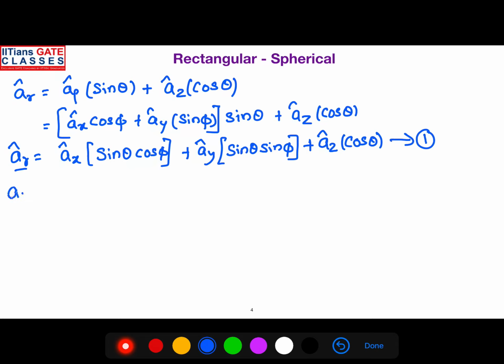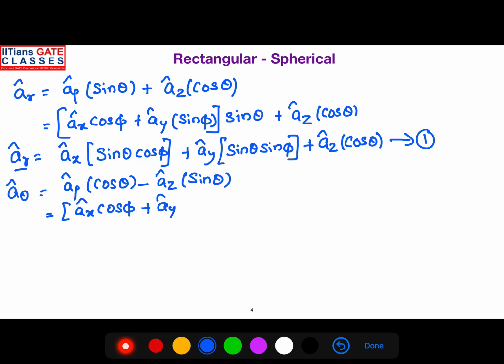So we are able to express AR in terms of x, y, z. Similarly, if you want to express A theta, what is the conversion we got in the previous slide? That is a rho into cos theta minus az into sin theta. A rho again has the same value, so you substitute ax cos phi plus ay sin phi, into cos theta, minus az cap into sin theta.